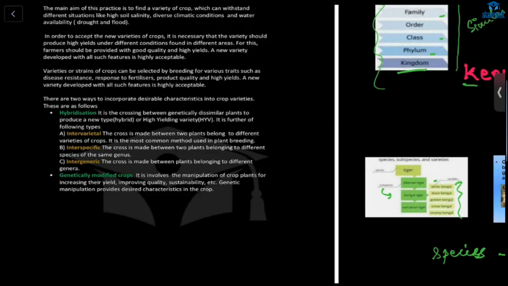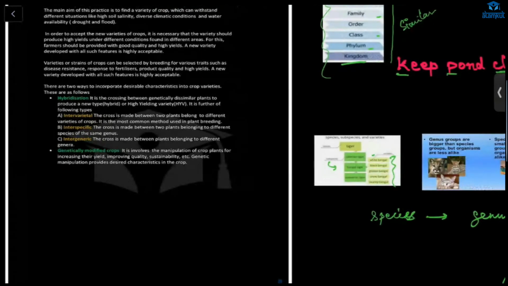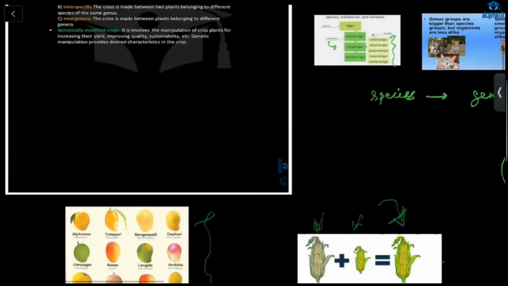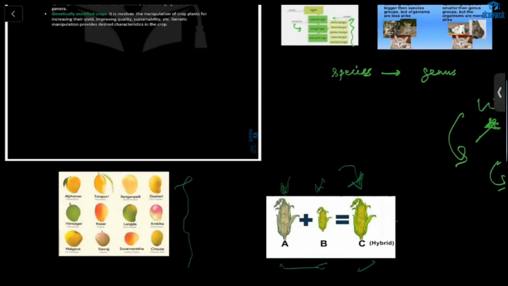So there are various types of hybrids. First is the intervarietal hybrid. In this, the cross is made between two different varieties. Suppose this is Kesar and this is Chausa.